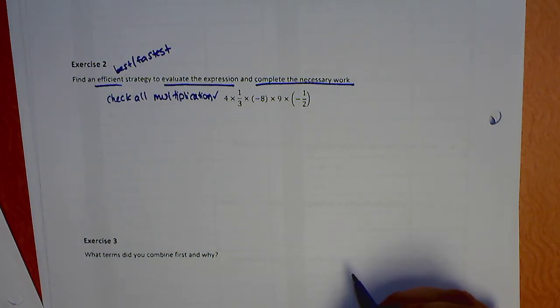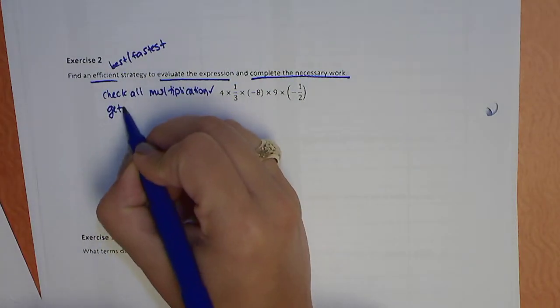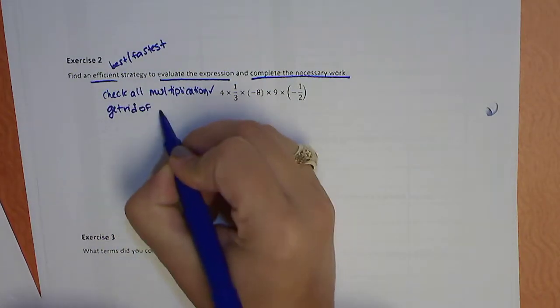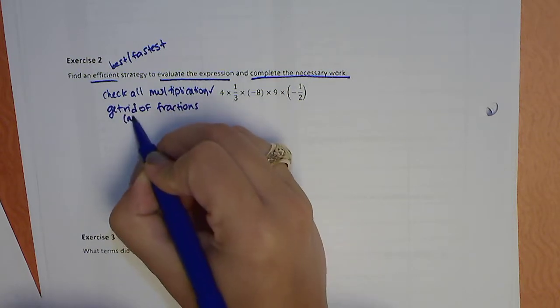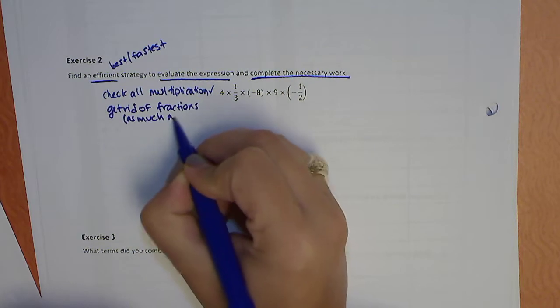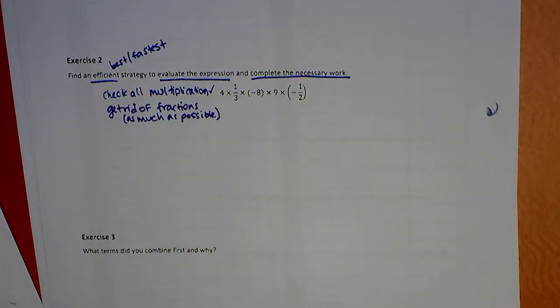Then, if you notice there's fractions here, we want to get rid of the fractions as much as we possibly can. The way we can do that is by looking to see, are there numbers we can multiply times the fraction that will make them go away?